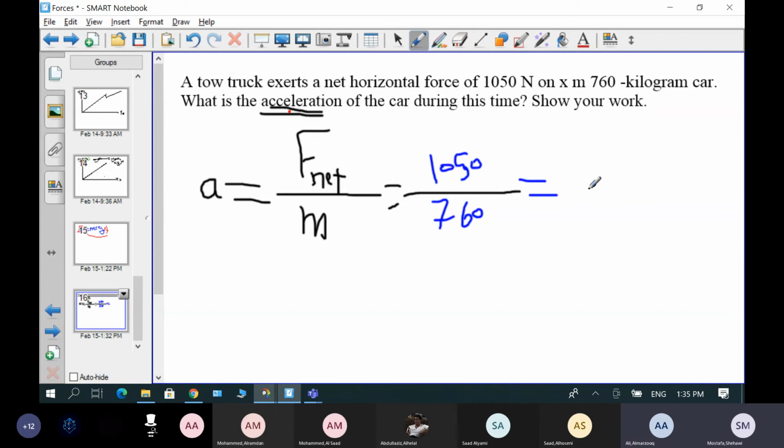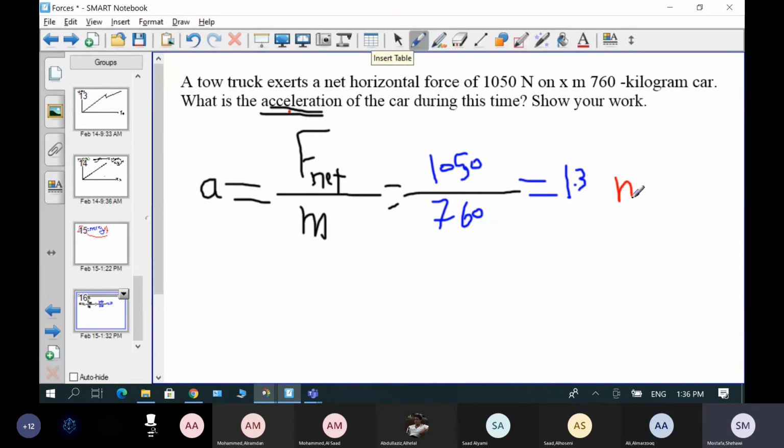What is the answer? 1.3. What are the units? Acceleration units. Meter per what?